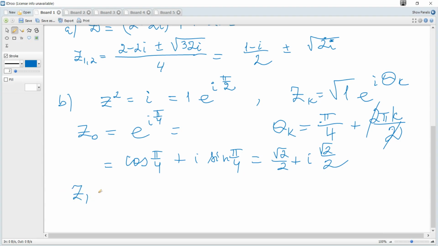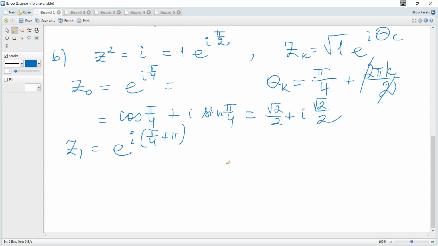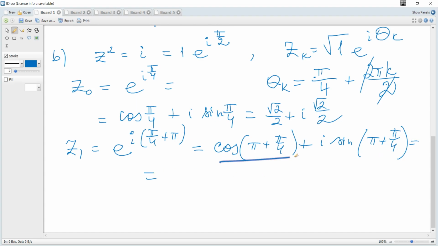And then z1 becomes 1 e to the power of i, pi over 4 plus pi, and it becomes cosine of pi plus pi over 4 plus i sine of pi plus pi over 4. And pi plus pi over 4 is the third quadrant, where cosine is negative, and it's the same as cosine of pi over 4.